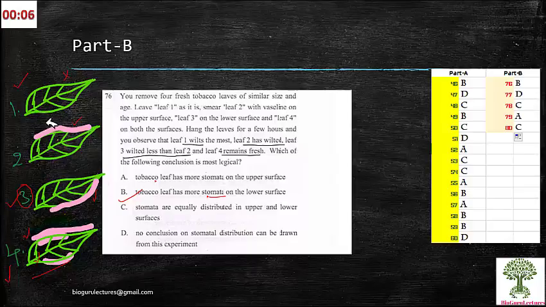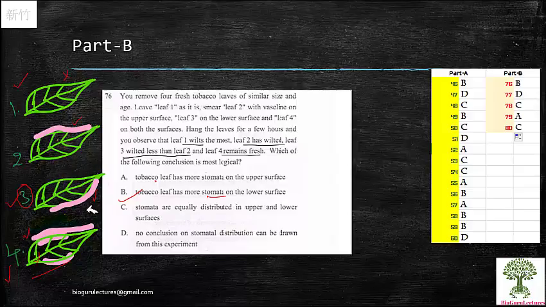The first leaf is not applied with Vaseline, the second leaf has it on the upper surface, the third leaf on the lower surface, and the fourth leaf on both of the surfaces. After a few hours of hanging, it is found that leaf 1 completely wilted. Leaf 2 wilted, but more than leaf 3, and leaf 4 did not wilt at all.